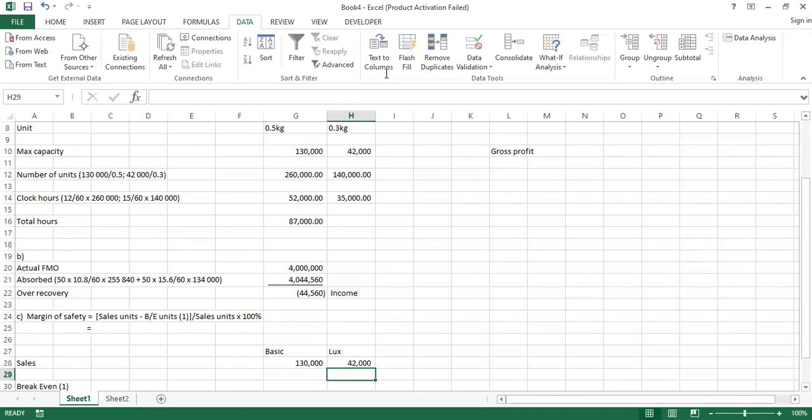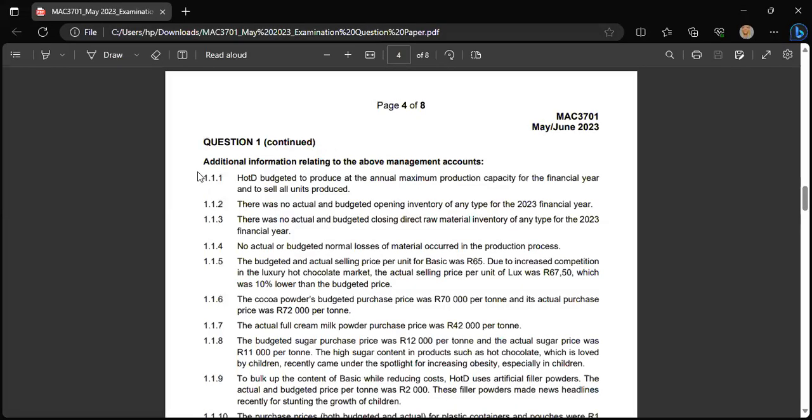But let me just recheck, just so we are okay. So we are going straight to budgeted information. It's on one. What D budgeted to produce at the annual maximum capacity for the financial year and to sell all the units produced. That's where I'm fetching that from. So we have our sales, right? Perfect.